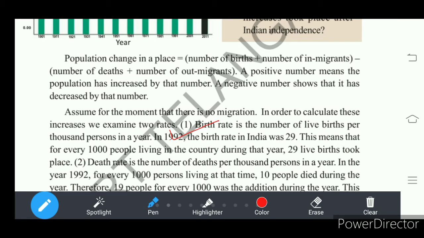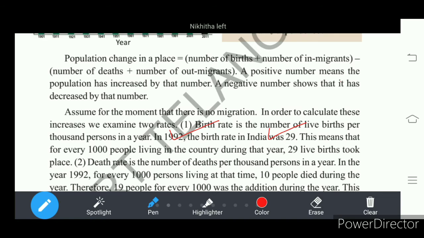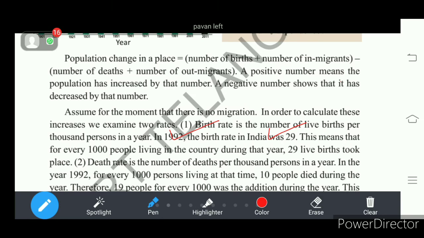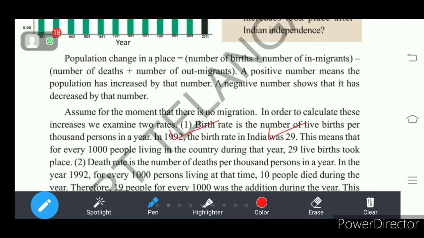In 1992, in India, the birth rate was 29. What does that 29 mean? In 1992, for every 1,000 persons, 29 children were born. That is the birth rate. It means that for every 1,000 persons living in the country in 1992, there were 29 births.